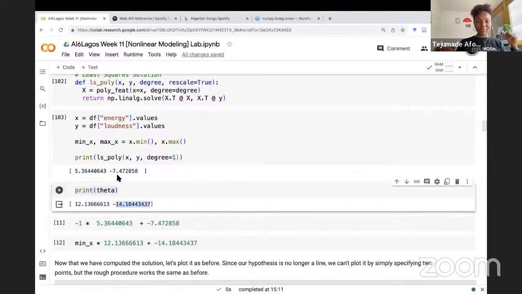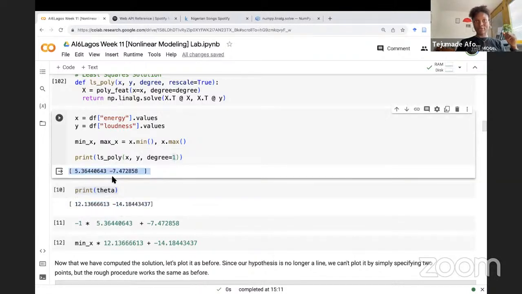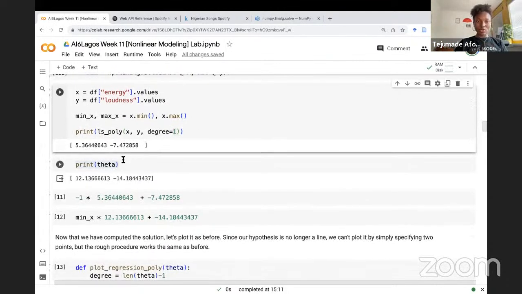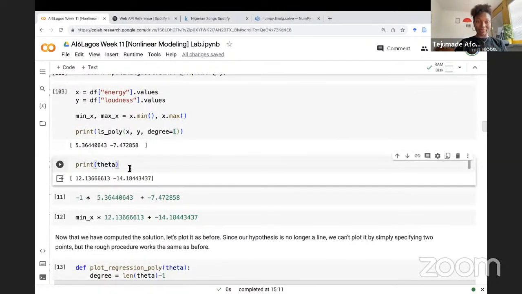Instead of the bias being minus 14, it's now minus 7. So we have scaled things down. The weight is a little bit smaller, and the bias is now minus 7 instead of minus 14. But these two are exactly still the same.